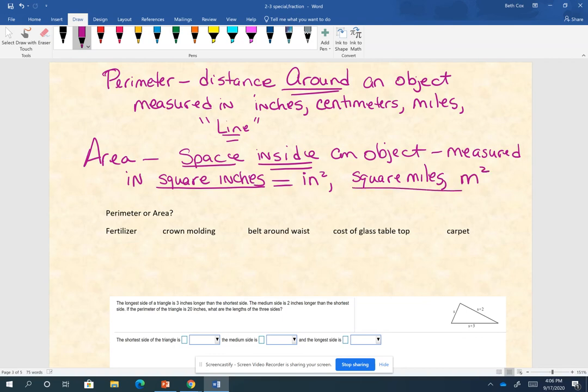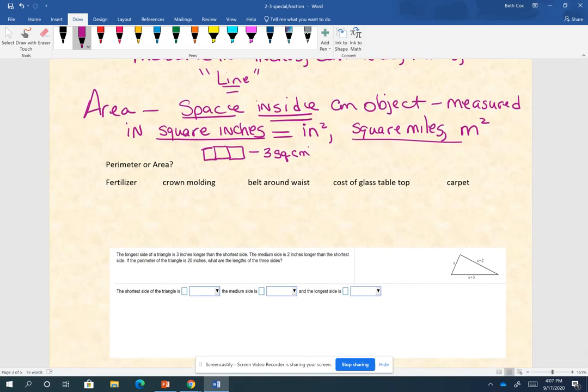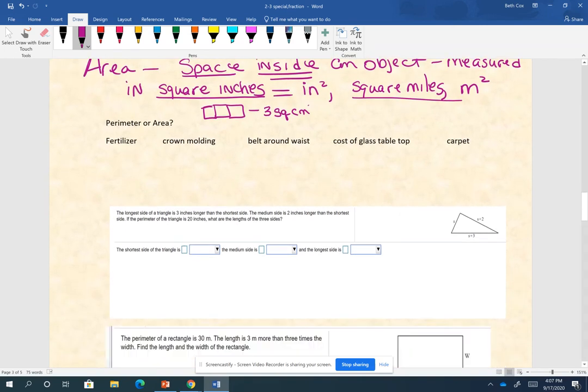Because we're measuring squares, the number of squares, literally. So that would have an area of 3 squares. 3 square centimeters, we'll call that one, because that has 3 squares, all right? And that's area.